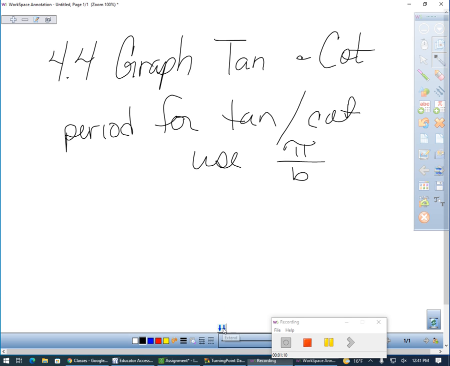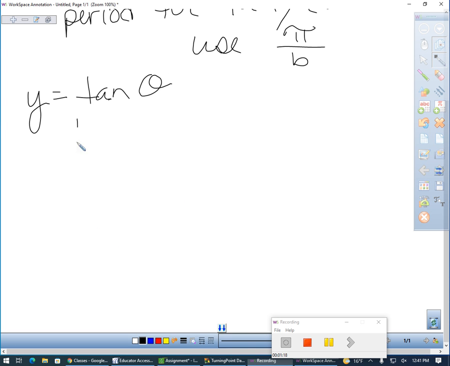All right, so here's the easiest way. We'll start again saying y equals the tangent of theta. All right, when we graph it, here's my graph, just like we've been doing all week, right? So let's talk about tangent. Tangent at 0, sine over cosine is 0.